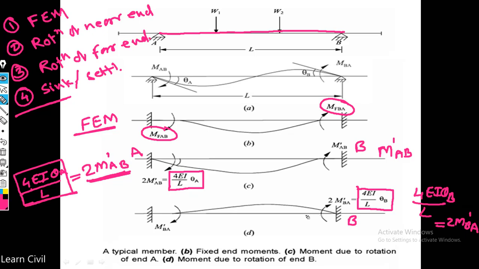As per our principle, half of this 2m' BA will be transferred to joint A, so this will be m' BA. Half of 2m' BA is equal to m' BA.